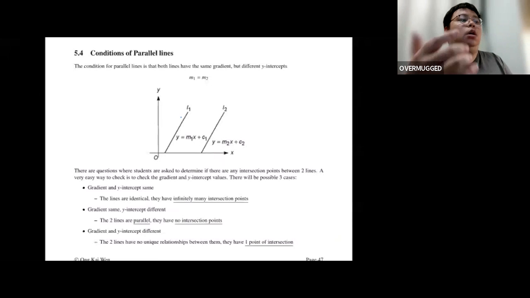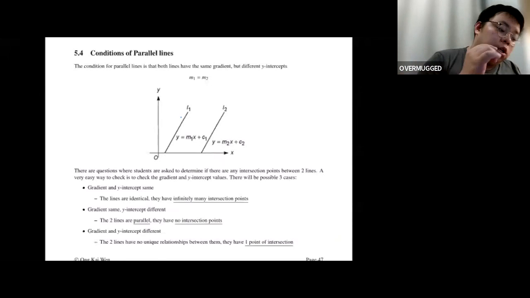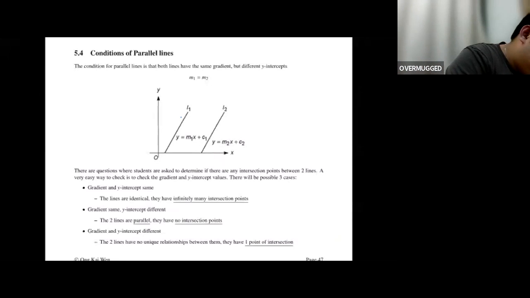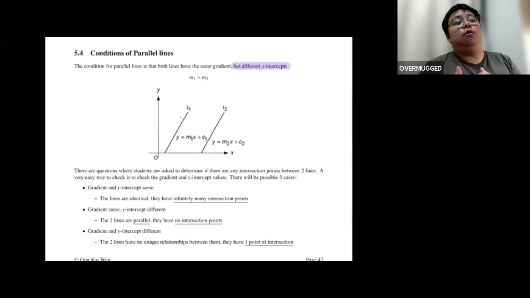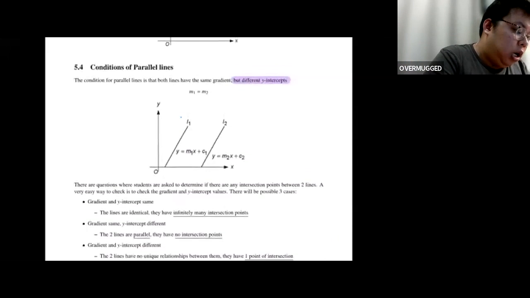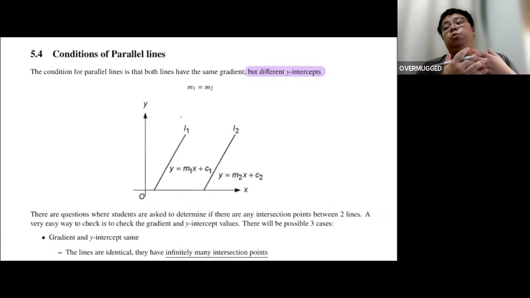Whenever you say that 2 lines have the same gradient, there is one more condition for parallel lines, which is that the y-intercept must be different. This particular point is very important, and I believe a lot of schools actually do not stress this fact. So I want to stress this with a lot of importance, as in order for a line to be indeed parallel, you need to make sure that the y-intercepts are different.